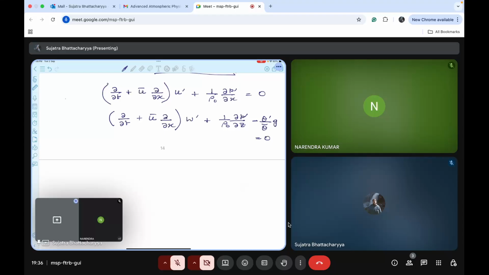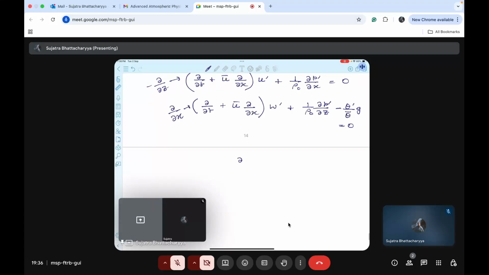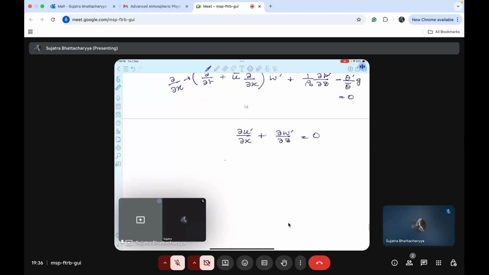What we will do is that we will operate minus del del z of this and del del x of this. Okay. So also we have the continuity equation which can be written like this. Put that equal to 0. And we have the thermodynamic equation which is like this, for adiabatic.